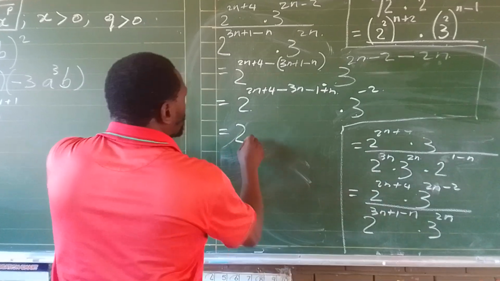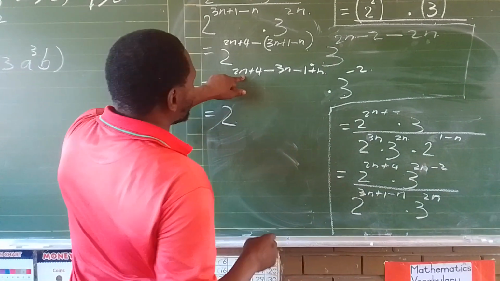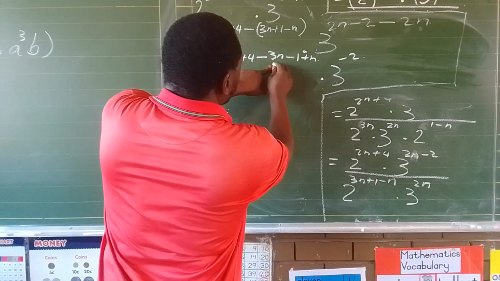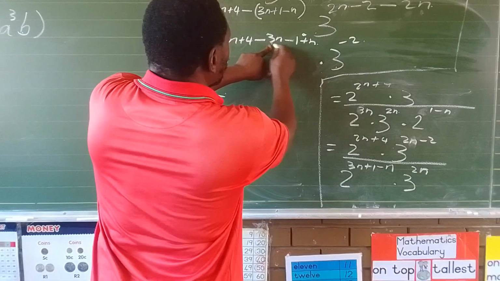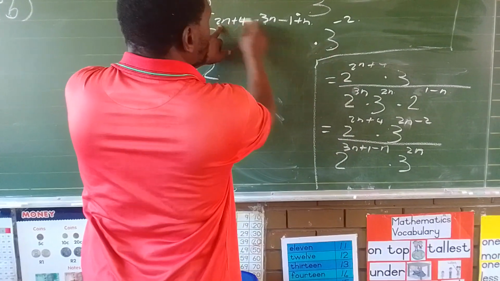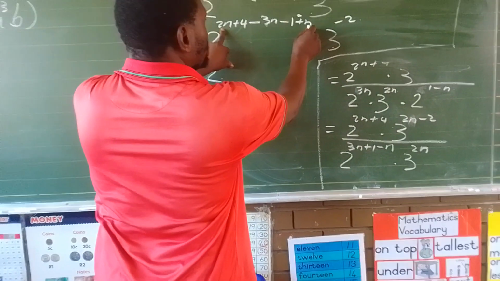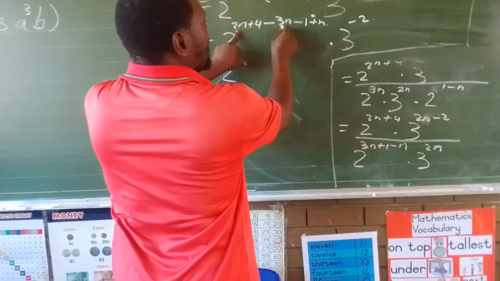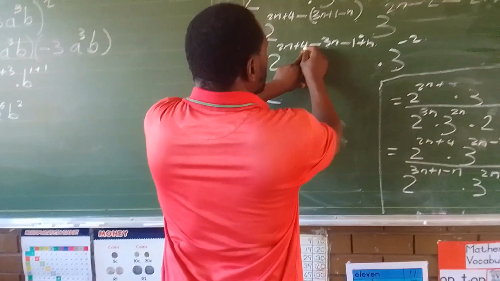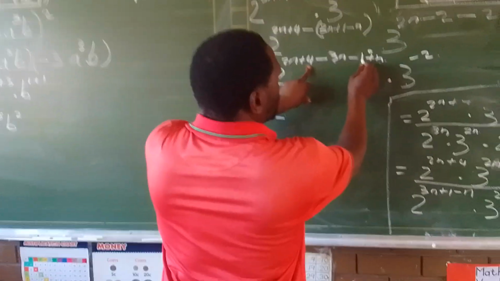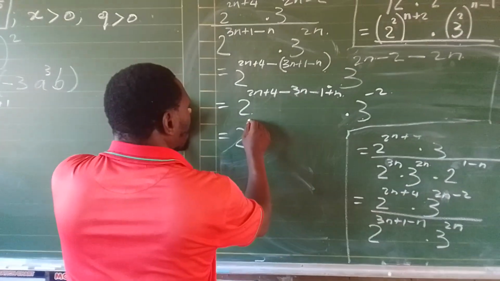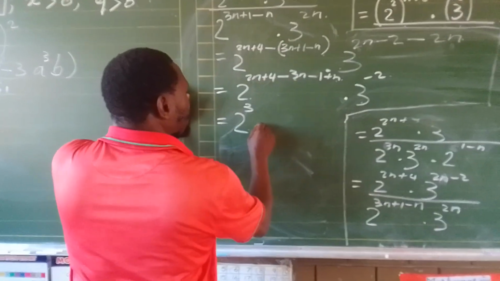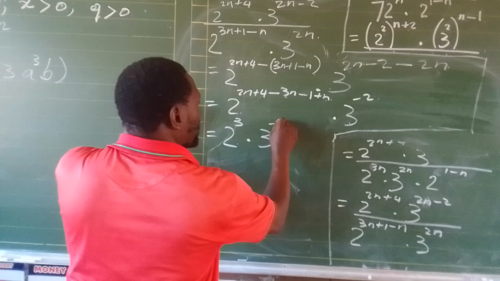Now we come to 2. 2 has got 2n. We have 3n minus, we have 2n positive, we have 1n positive, which is 3n minus 3n is 0, and 4 minus 1 is 3. It's 2 to the power 3 multiplied by 3 to the power minus 2.